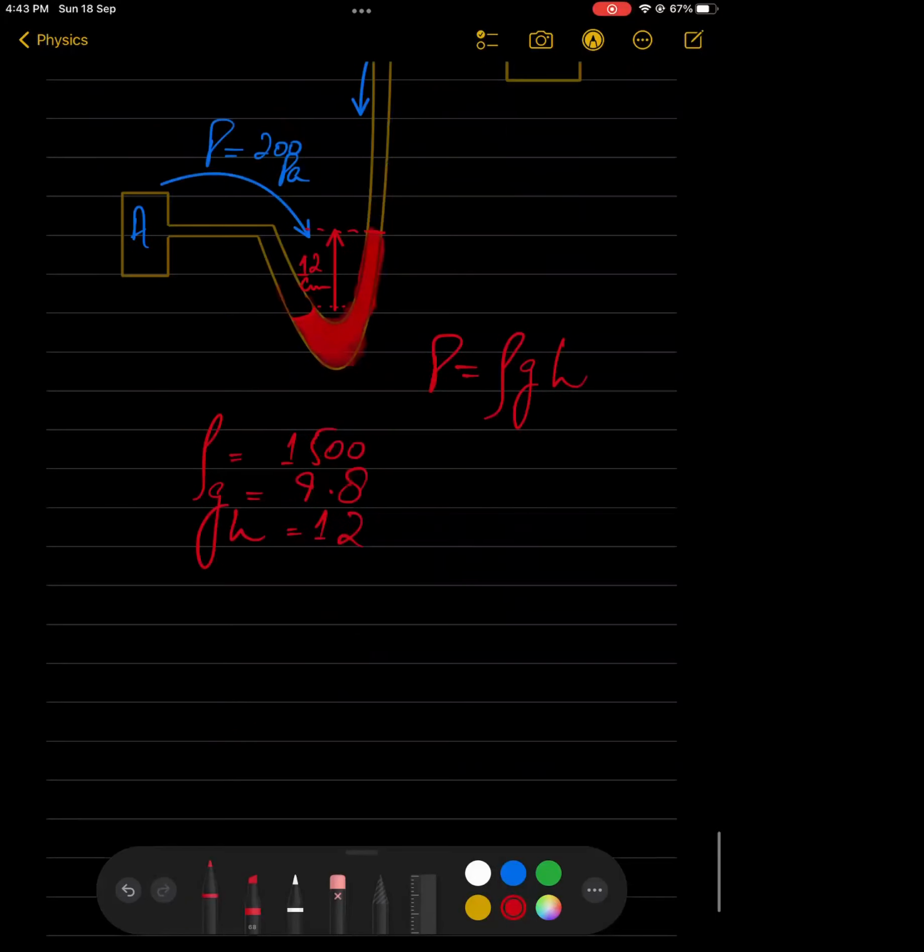So can any one of you tell me the difference in pressure? What is going to be the difference in pressure? Okay, so we have our answer as 176,400. No, this is not going to be the answer. Just recalculate it.